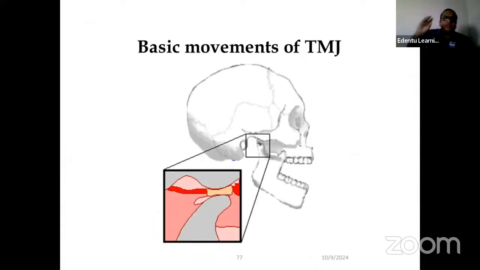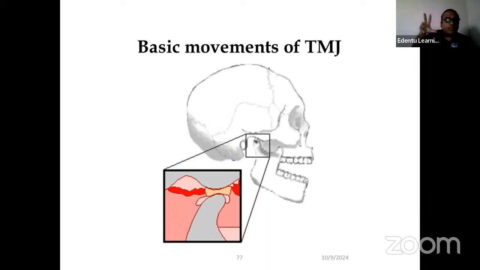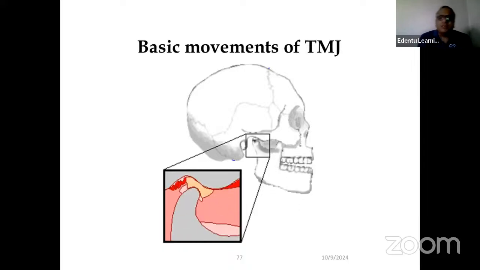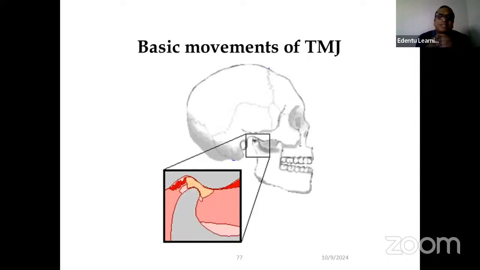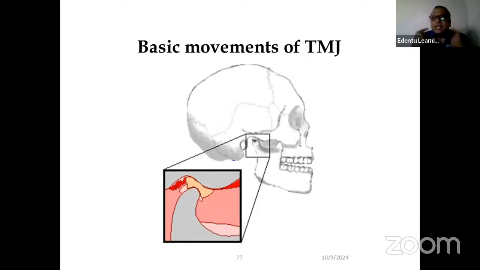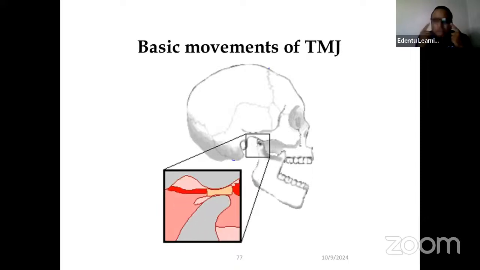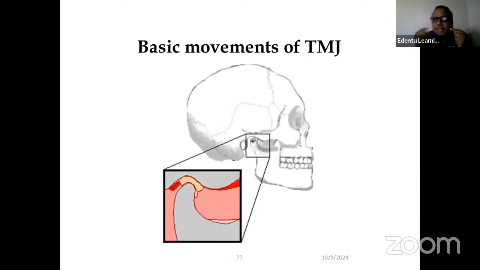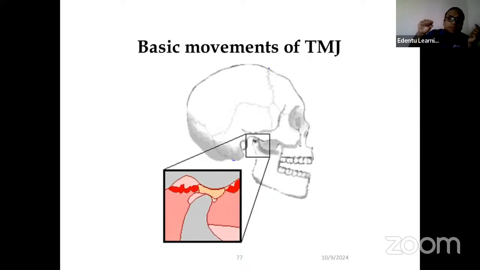Now, the movements are very important: protraction, retraction, opening the mouth, closing the mouth. Before I go into this, please listen to me very carefully. You will get two muscles, medial pterygoid and lateral pterygoid. Whenever I say the word medial, 'me', my mouth is closing, my tongue is coming together with the hard palate.